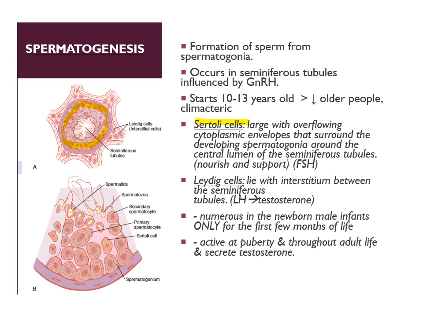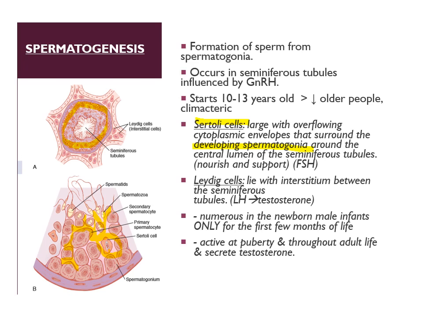Sertoli cells, if you look at the lower figure, are large cells with envelopes of cytoplasm, and actually they surround and support the developing spermatogonia during the process of making sperms or converting to sperms.